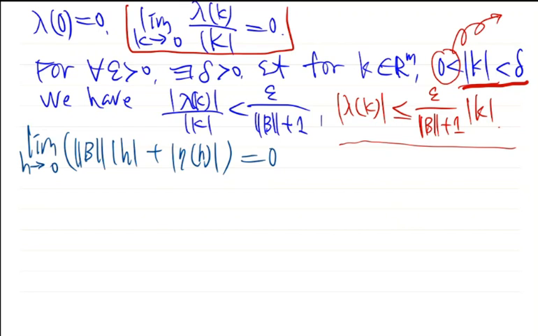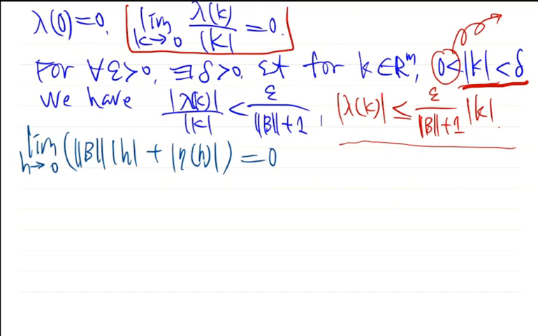Not only does eta h go to 0, eta h divided by the norm of h still goes to 0. Okay, so of course we have this limit. From this limit, apply it to the delta we obtained in the last step, the delta we determined in the previous step.